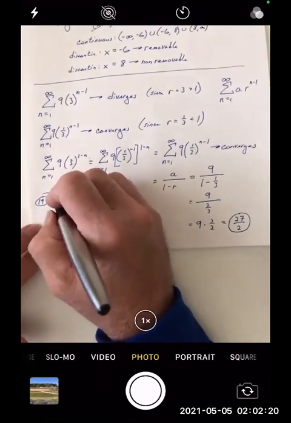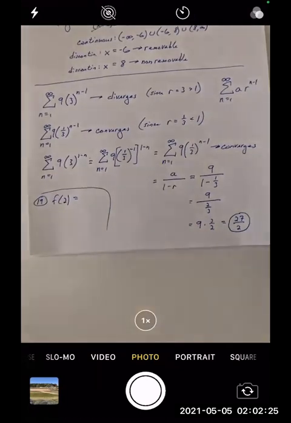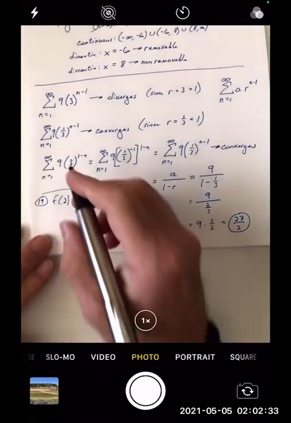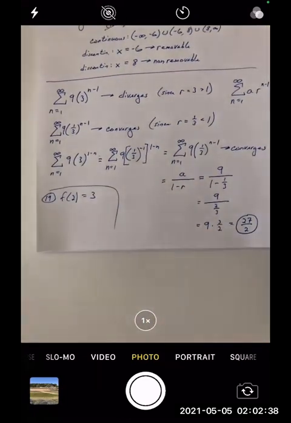It didn't ask for this, but just in case, if it wanted to know f of 2, now you're looking for the actual point, not the open circles or the holes. So f of 2 would equal 3, because that's where the point is.